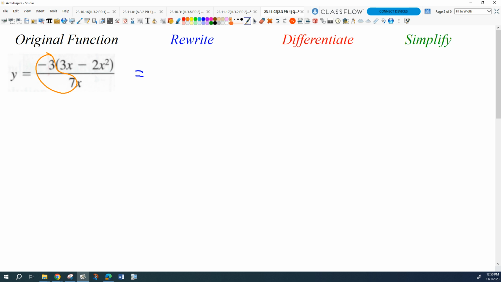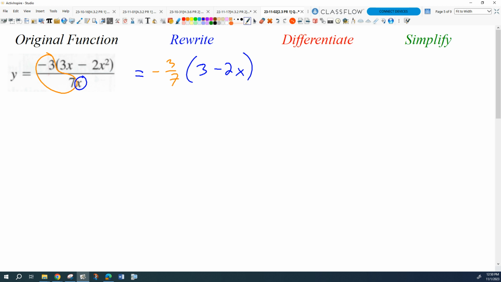Okay, so what constant would I have out front? -3/7. And then look, I've got this x on the bottom, but I could split that fraction, couldn't I, and simplify those? What's 3x over x? What's -2x squared over x? Hey, how about that?